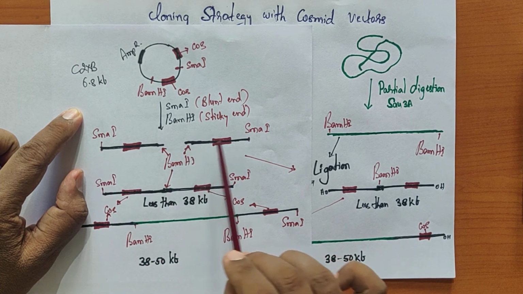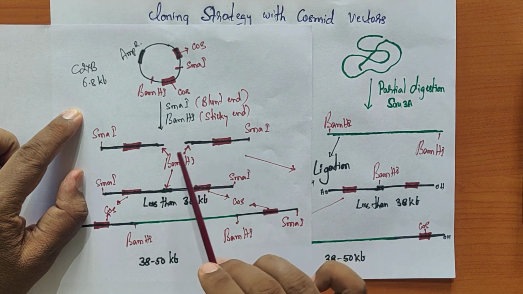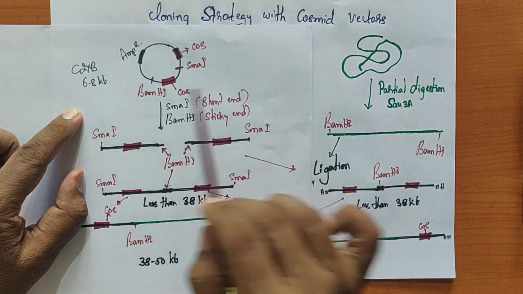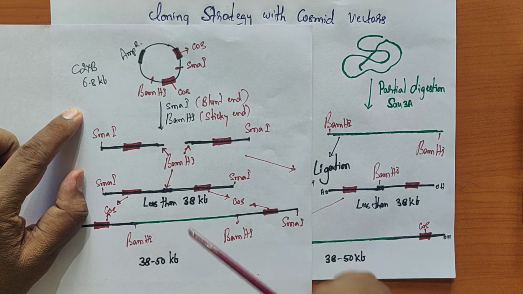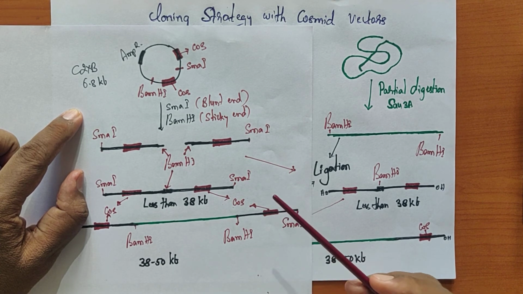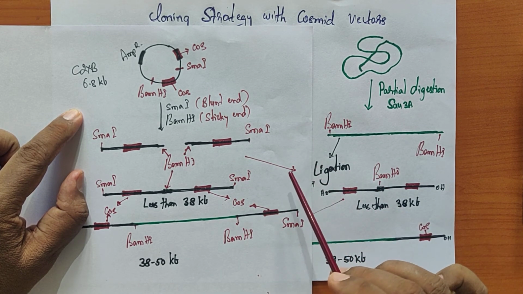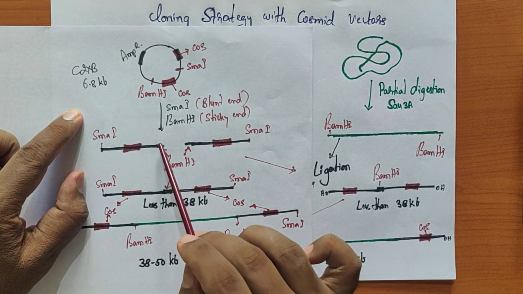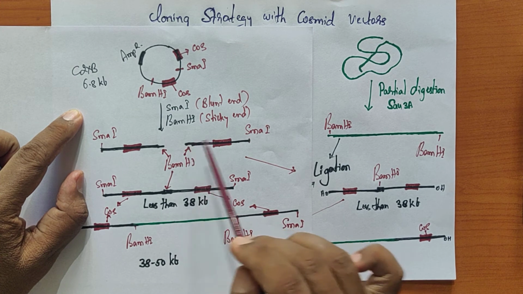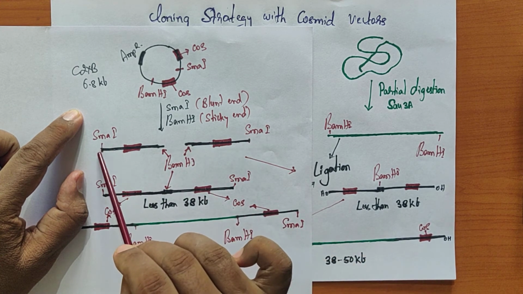Suppose during the ligation process, it is very clear that sticky end ligation is much more preferred than blunt end ligation. If you take these two things, the joining of this end is more preferred rather than joining of this end and this end.